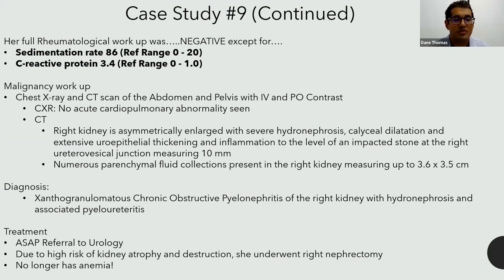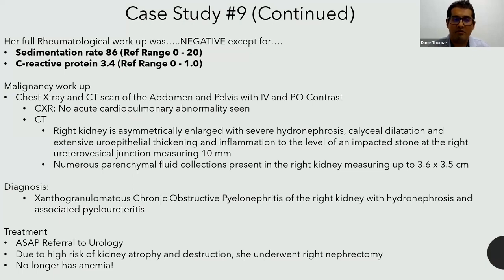She also had numerous parenchymal fluid collections in the right kidney, measuring up to 3.6 by 3.5 centimeters. So her diagnosis was xanthogranulomatous chronic obstructive pyelonephritis of the right kidney with hydronephrosis and associated pyeloureteritis. Now that is a mouthful.